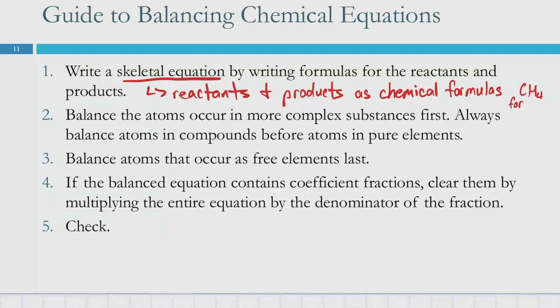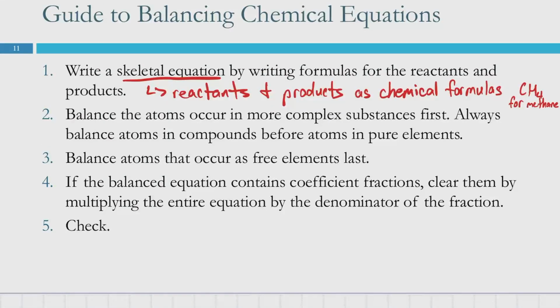Like CH4 for methane. Sometimes we'll be given the chemical formulas, other times we'll be given the names, and we'll be expected to come up with the chemical formula based on the name, depending on the circumstances.